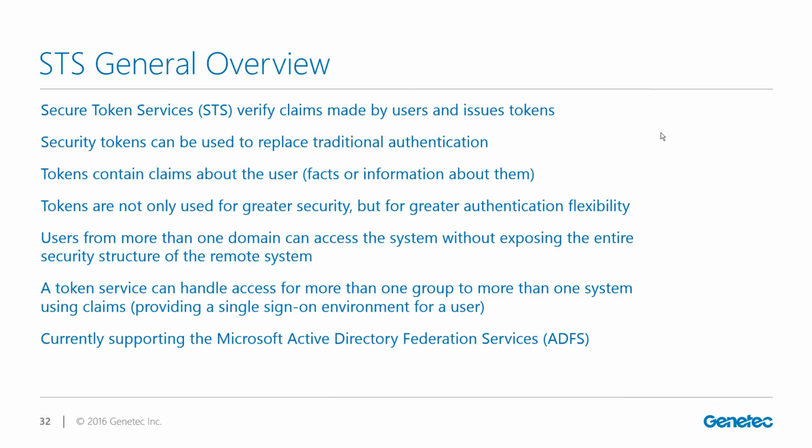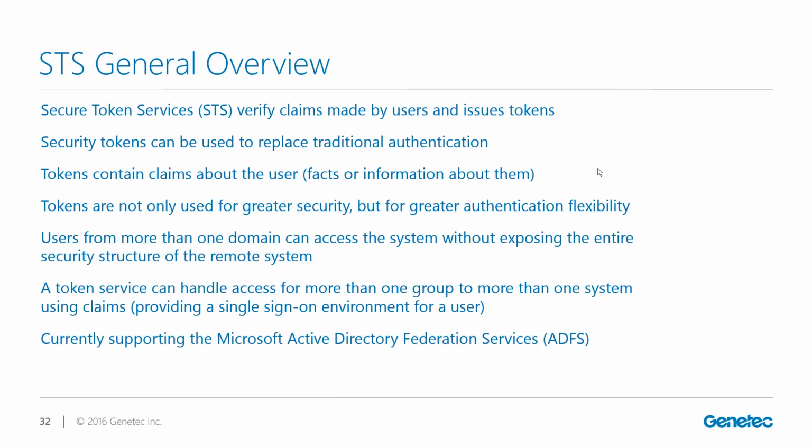STS is a secure token service, and what that is used for is to verify claims made by users and issue tokens. So this is a method that we can use to replace traditional authentication. So instead of putting a username and password directly into the system, we use security tokens to verify who a person is instead.